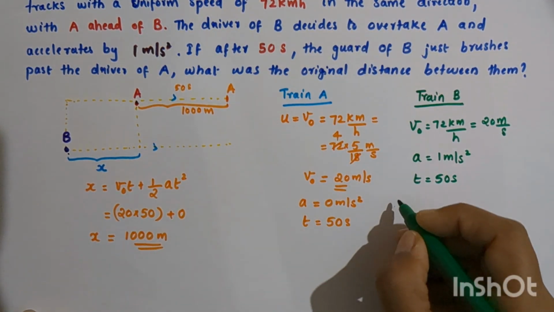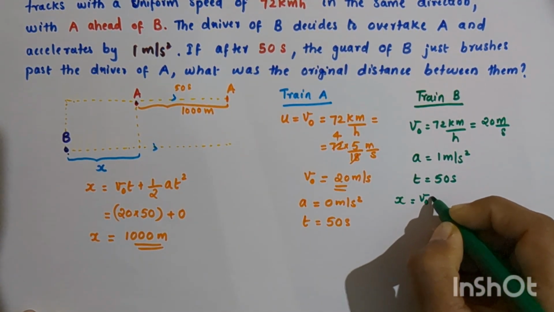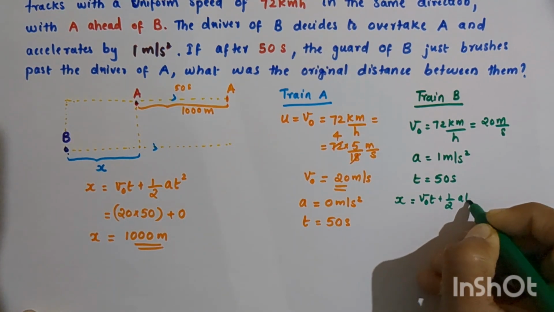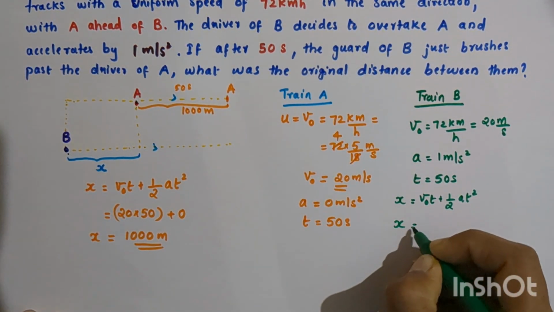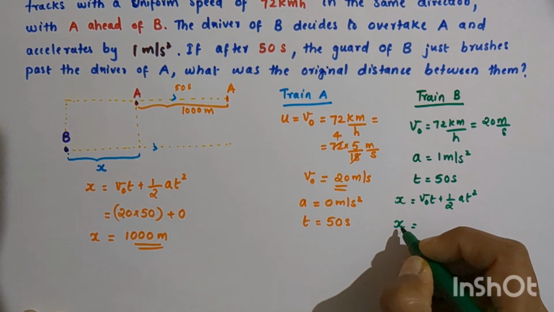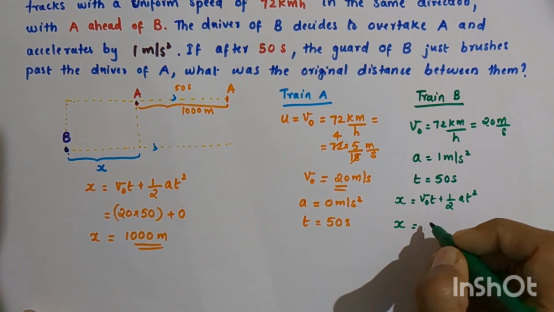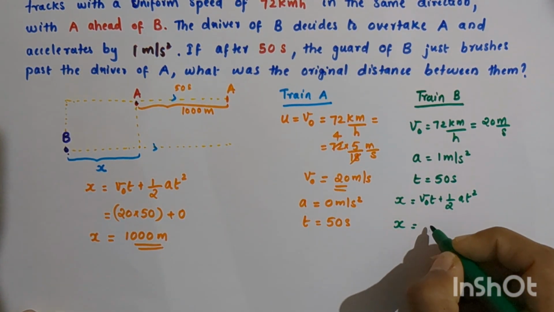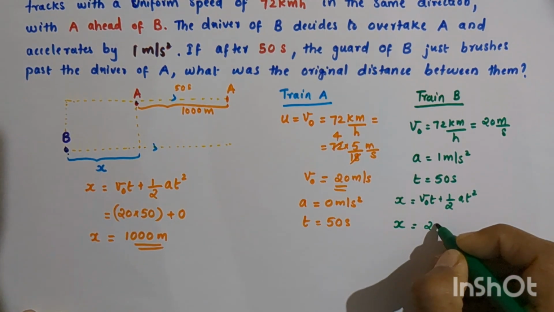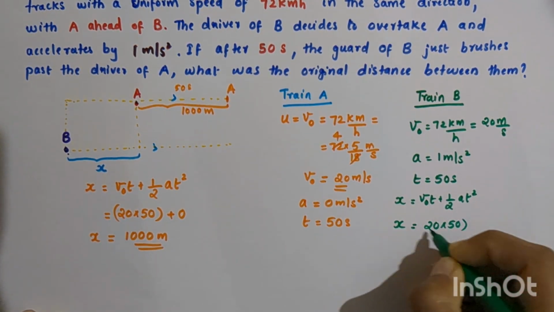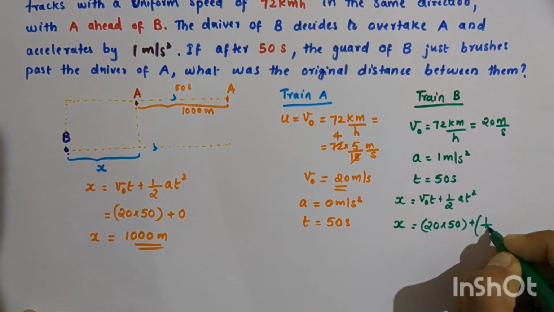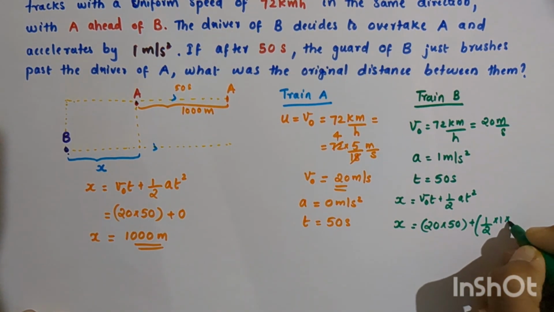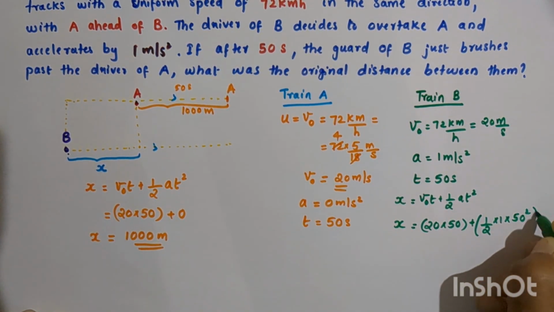I am taking the same equation, x is equal to V0t plus half a t square, where x is the distance travelled by train B in 50 seconds. V0 is 20 meter per second into time 50 seconds, plus 1 by 2 into acceleration 1 into t square, that is 50 square.